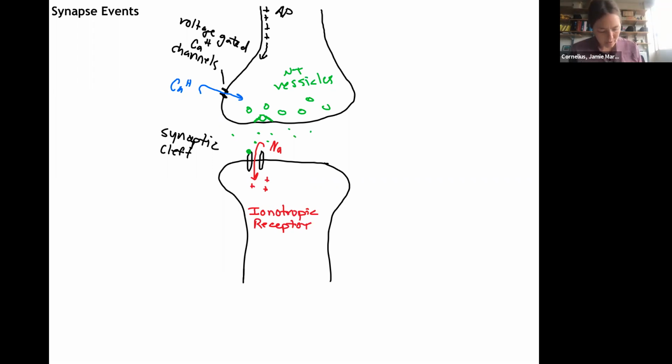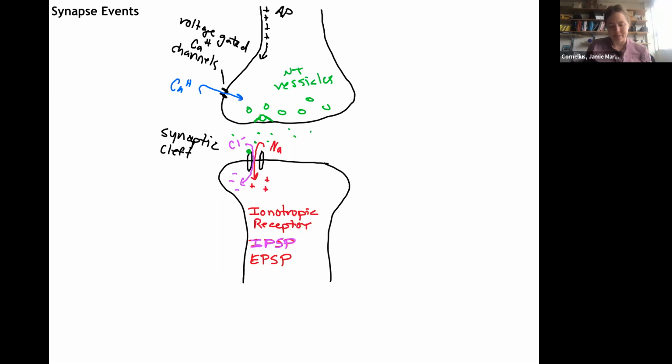And these ionotropic receptors can cause inhibitory postsynaptic potentials or excitatory postsynaptic potentials. I probably should have written inhibitory in a different color. We'll just write over the top. And that would happen if chloride were allowed to come in.